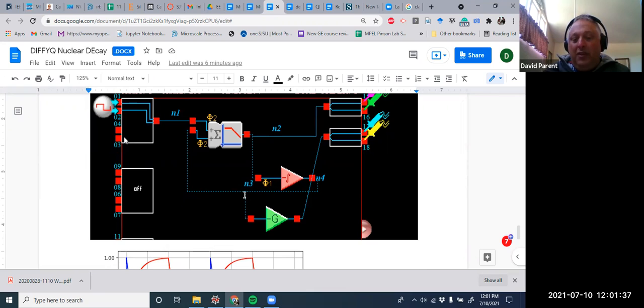But this is also the output. So we scale that with another inverting stage so that positive values give you positive nuclear material. All right.